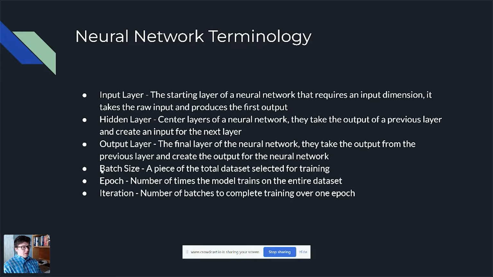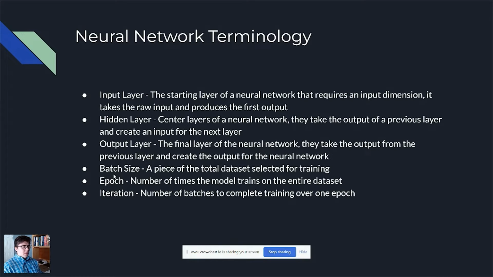Now we get into the three other terms: batch size, epoch, and iteration. When you're training a neural network, as I said, it's very computationally expensive, and a method to reduce that computational time is by splitting the data up into different portions and training one portion of the data at a time within your neural network, until the entire data is trained over.